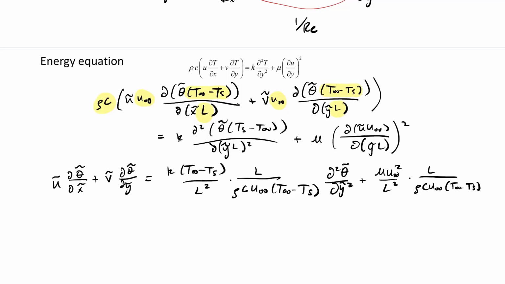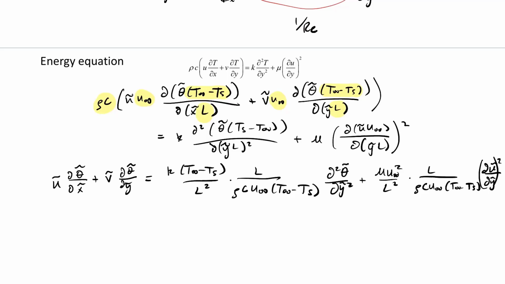And that's all multiplying, which I've run out of room, but I'll try to fit it in, du tilde dy tilde, that whole thing squared. Okay, so we've got this far.